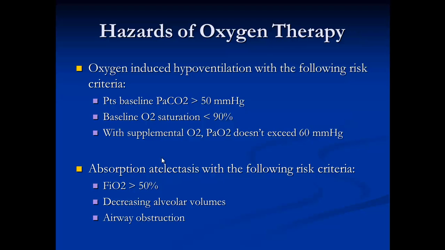Leaving the patient in high oxygen is not appropriate because patients could go into oxygen toxicity. Oxygen itself could induce hypoventilation, which increases the CO2, so patients become hypercapnic, and it could also produce absorptive atelectasis. So it decreases alveolar volume, produces mucus plugging and airway obstruction.